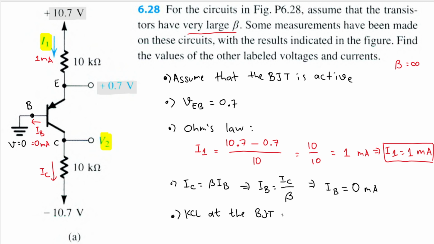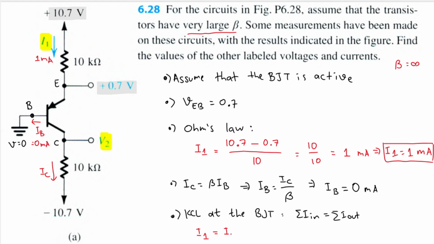KCL says that the sum of the currents going in equals the sum of the currents going out. The only current that goes in is I1, and there are two currents that go out, which are IB and IC.